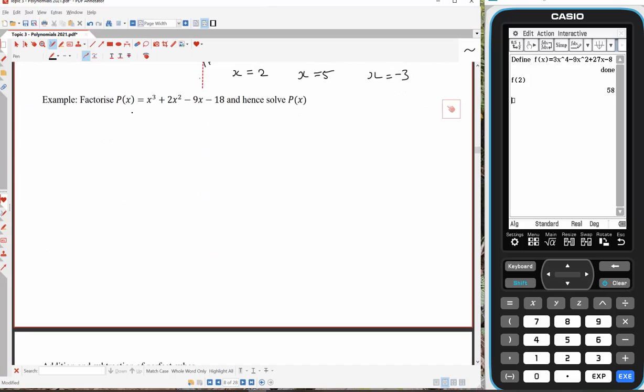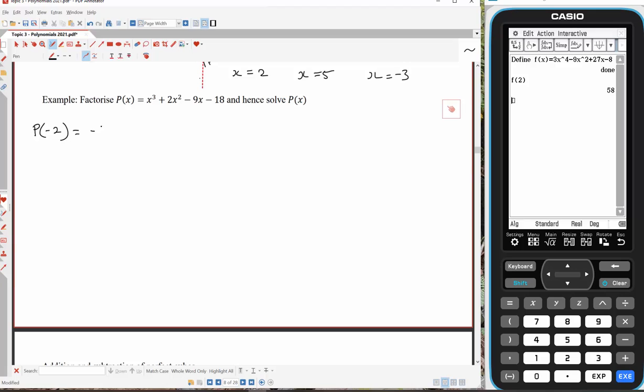Okay, so factorize this and hence solve p of x. So we're going to go down the same path. So p of, from memory I did this in class, and I think it was p of negative 2. So I would have tried 1 and then negative 1 and then 2 and then negative 2. All right, so from memory I think it was negative 2, but I'm going to try it again anyway.